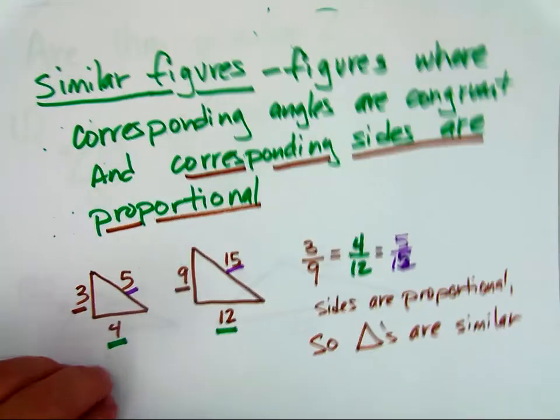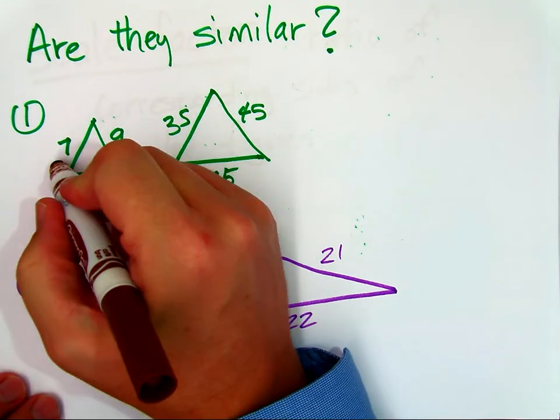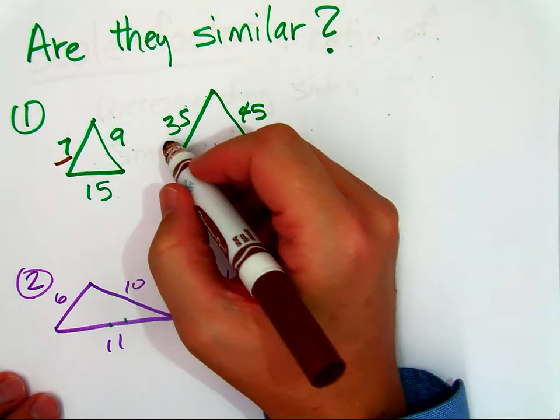Now let's look at some examples where this gets put to work. We've got two sets of triangles here, and we are trying to determine whether or not these are similar triangles, or we could be asking, are these sides proportional? In number 1, I'm going to make all of my matchups here. 7 corresponds with the 35.